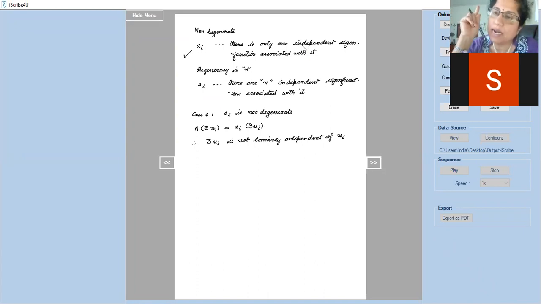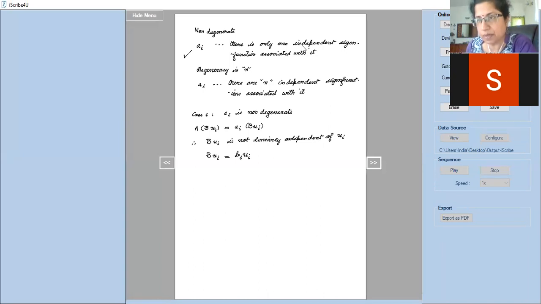Because there is only one independent function which is an eigenfunction of A with eigenvalue ai. If this is not linearly independent of ui, we should be able to write B ui in terms of ui itself, and I will call that number bi.